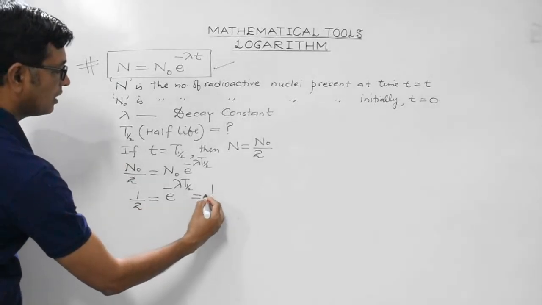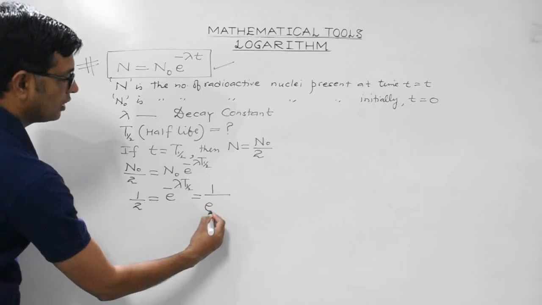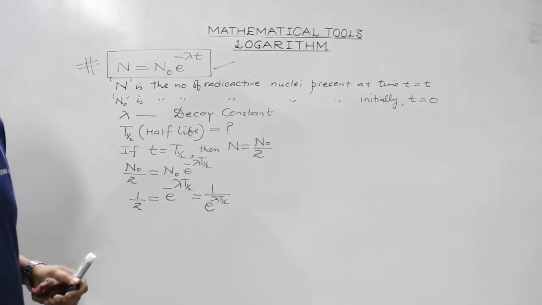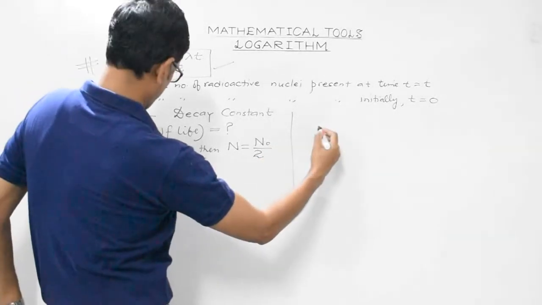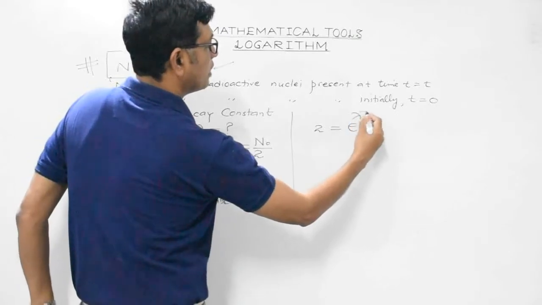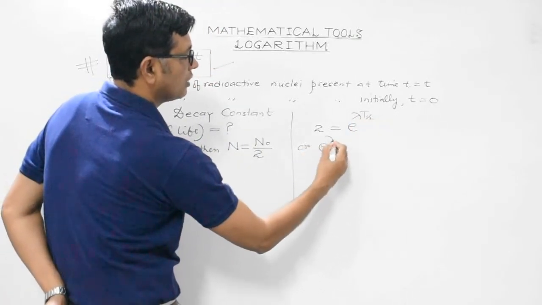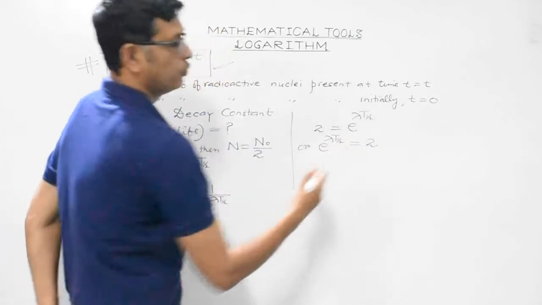E to the power minus lambda T half can be written as the reciprocal of e to the power lambda T half. Now comparing both sides, we get 2 is equal to e to the power lambda T half, or e to the power lambda T half is equal to 2.